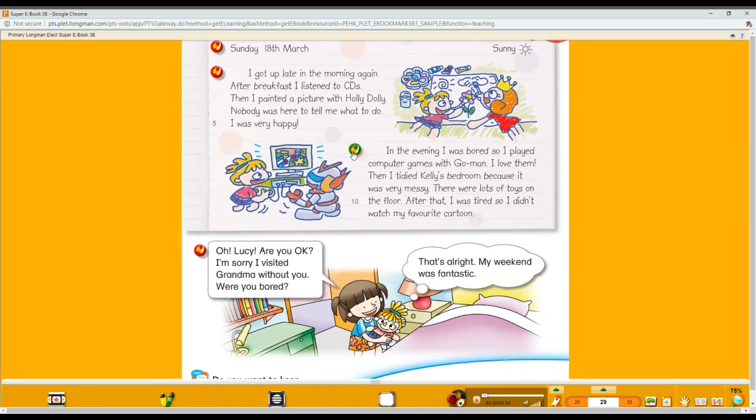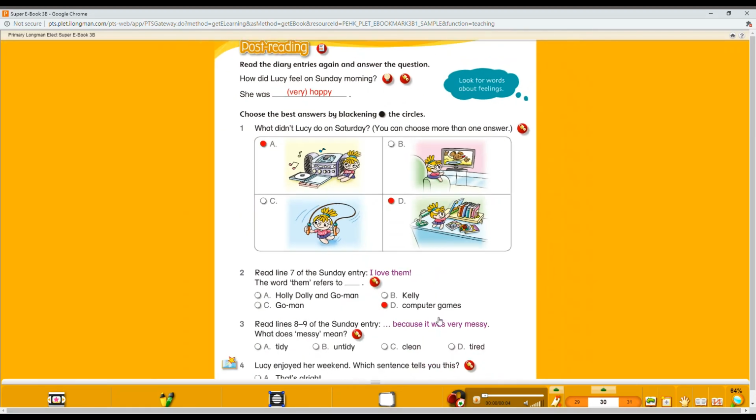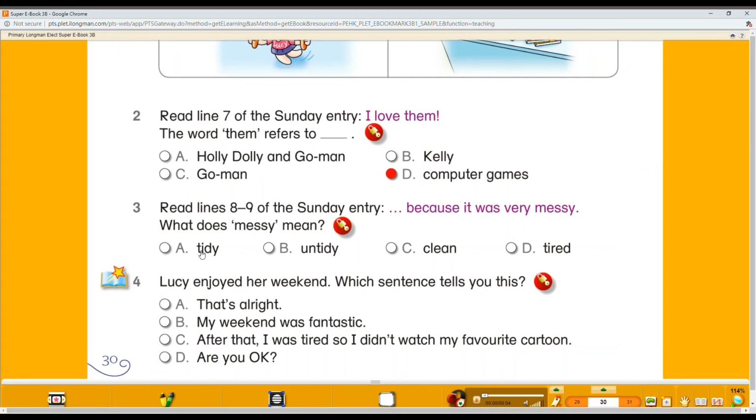Sunday entry, lines 8 to 9. Then I tidied Kelly's bedroom because it was very messy. Messy means untidy, or you can read on. There were lots of toys on the floor. It is also an elaboration of the word messy.